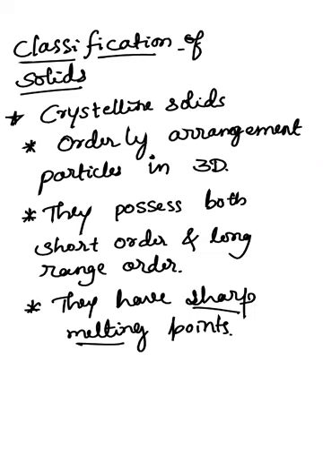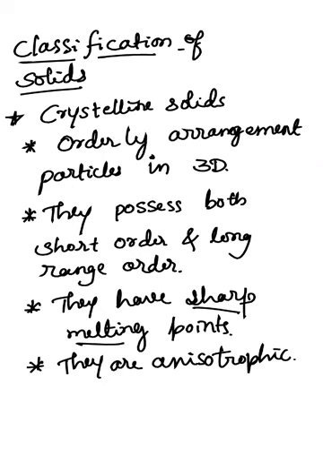And next, they are anisotropic. It means some of the physical properties such as conductivity and refractive index have different values when measured along different directions.